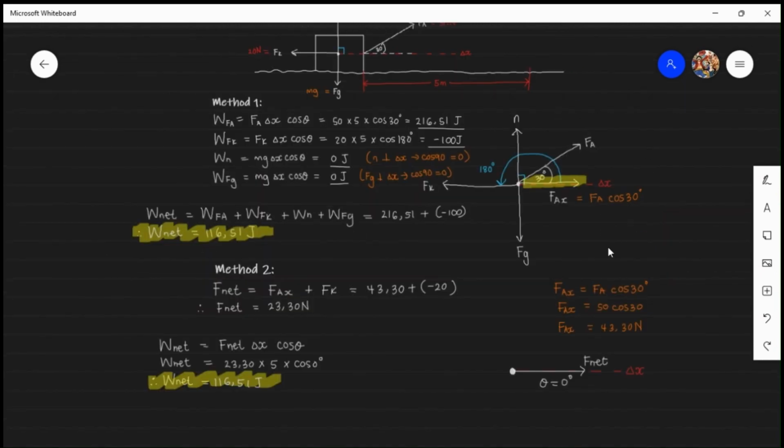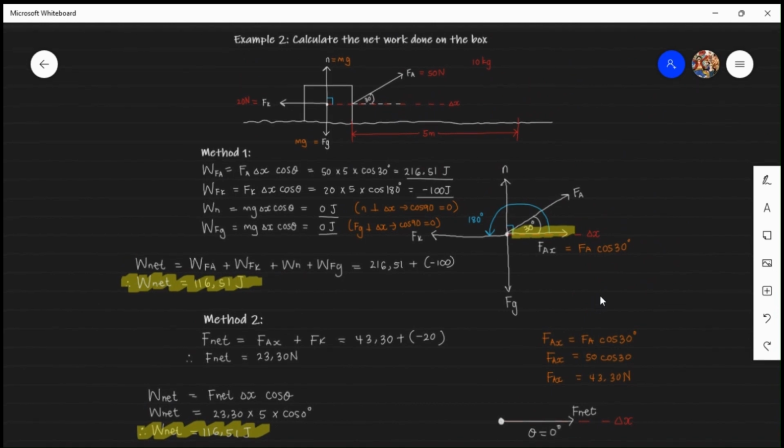So let us quickly go through the methods that we've used. In our first method, we calculated the individual works based on each force that was acting on this object. Now, when we're using the first method, we do not need to take into consideration the components of the forces. We only take into consideration the forces themselves.